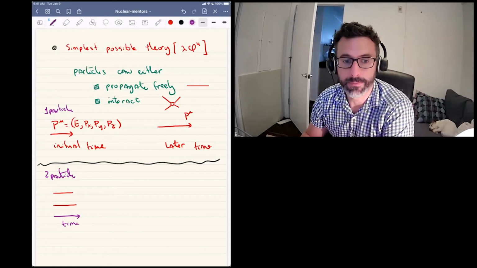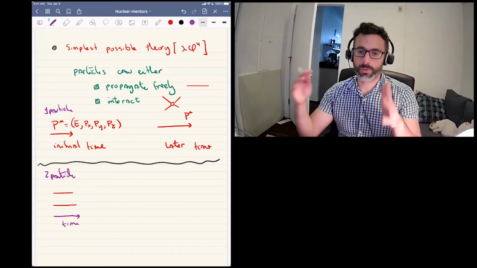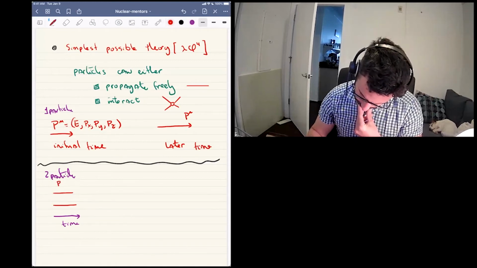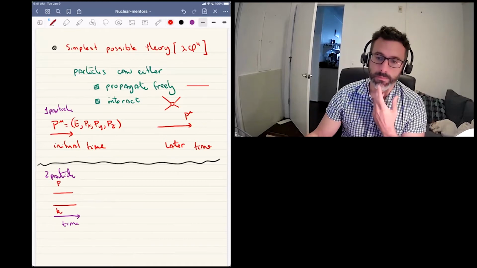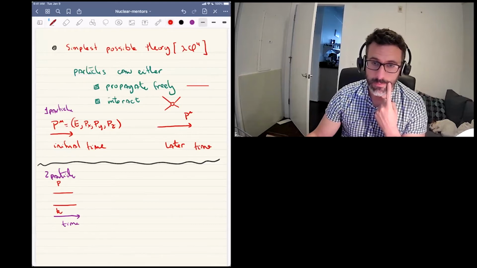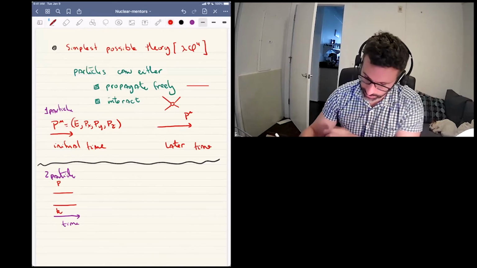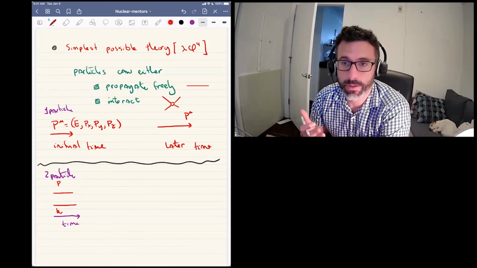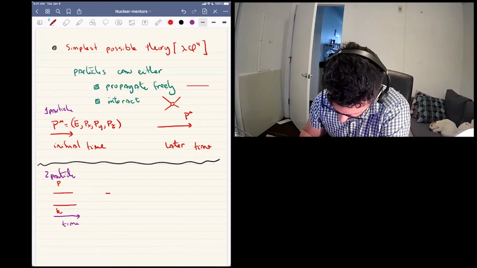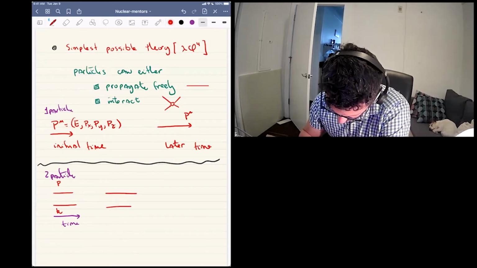So what could happen if I shoot two particles, and let's give one some momentum p and the other one some momentum k. At some later time, there's some probability that they just don't interact with each other. They're just going to keep on passing through each other and nothing happens.